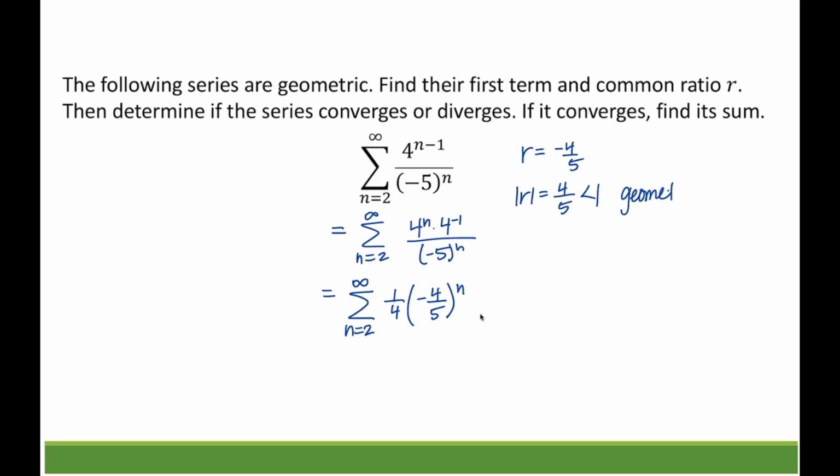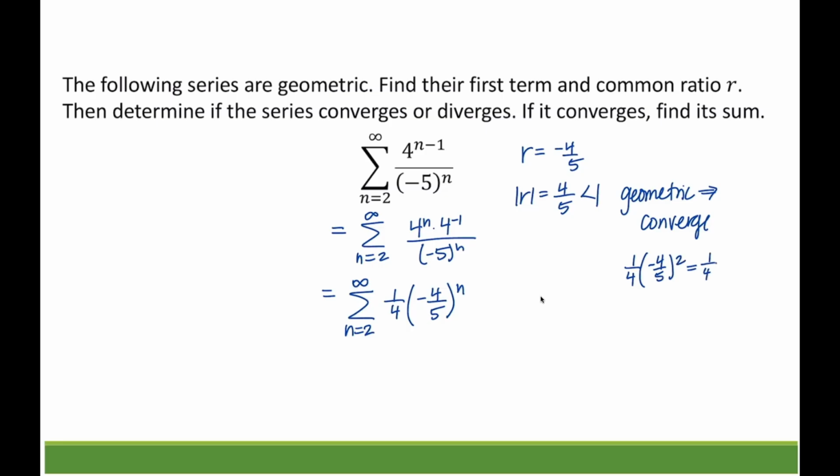So this geometric series does converge. And now let's see what it converges to. It doesn't matter that the starting index is 2, that's just going to define our first term. So we would substitute 2 into n and see what comes out. So here, if I substitute in 2, we're going to have 1/4 times negative 4/5 squared.